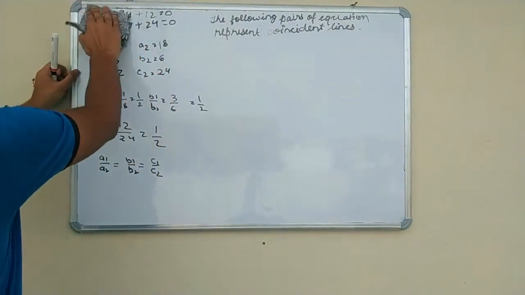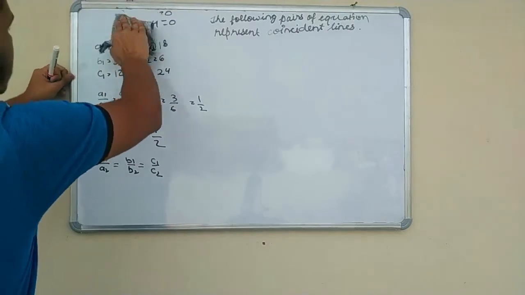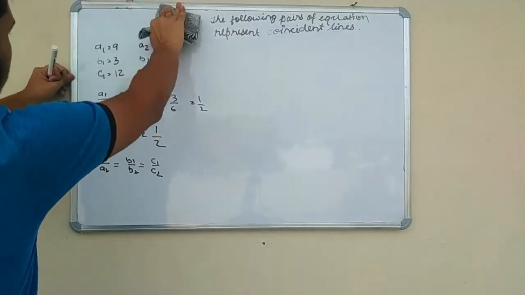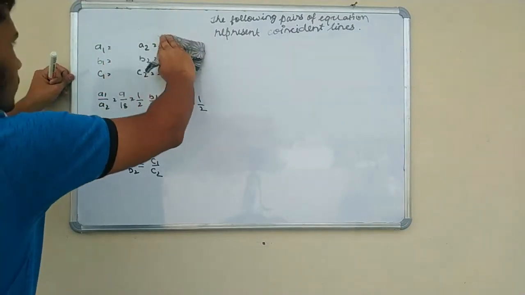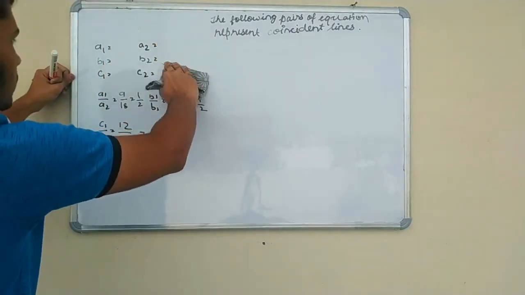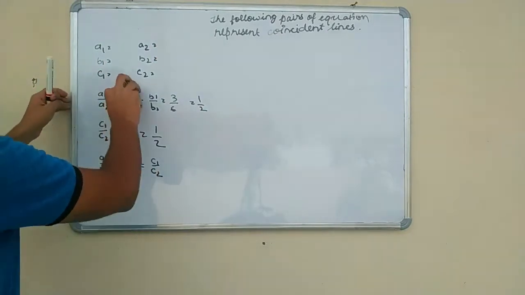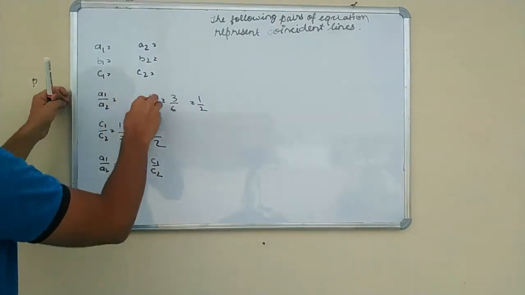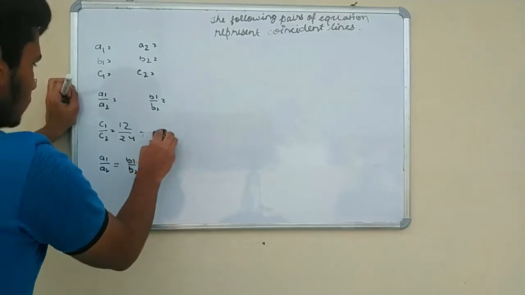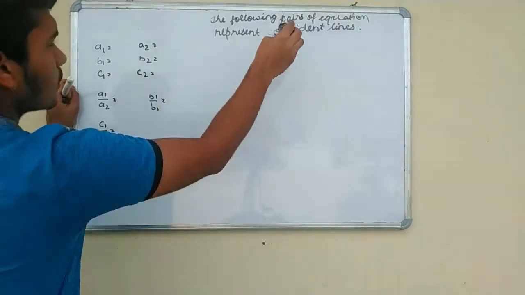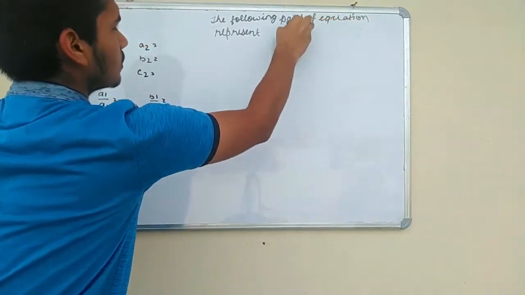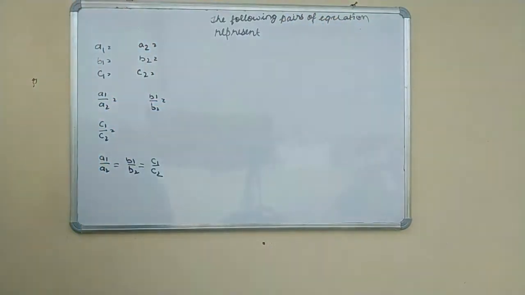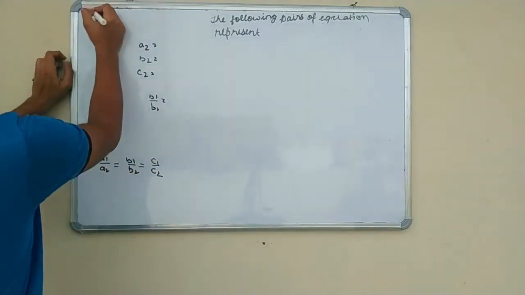Now the third part says that 6x minus 3y plus 10 equal to 0.